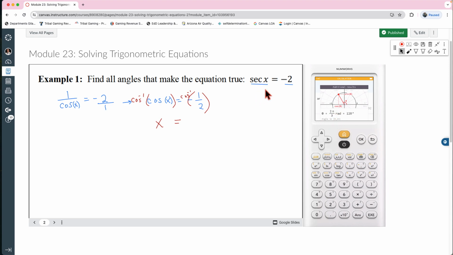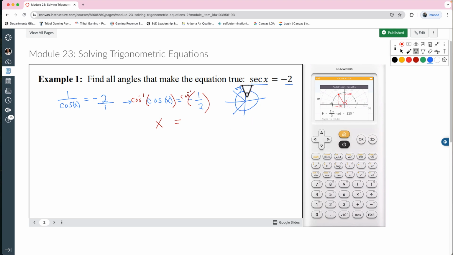So thinking of the unit circle, what we're getting is 2 pi over 3, and then this would be the 60-degree angle, same 60-degree angle, 180 plus 60, right?